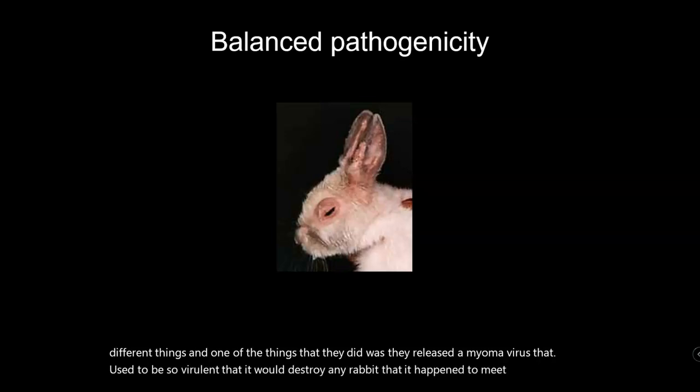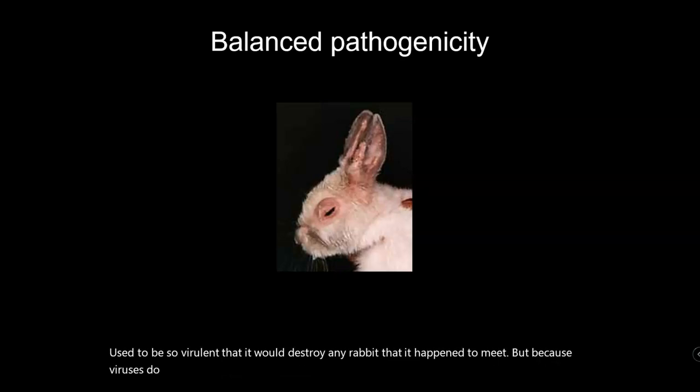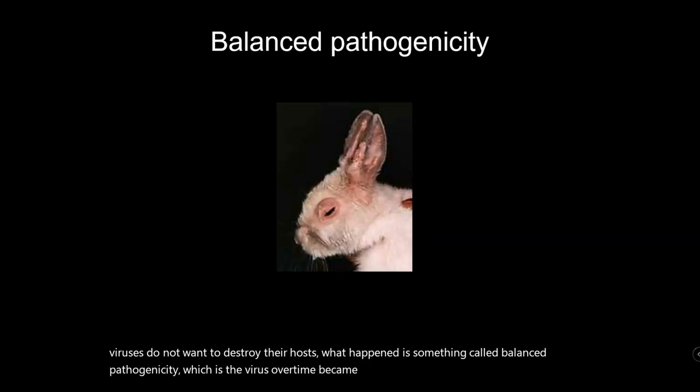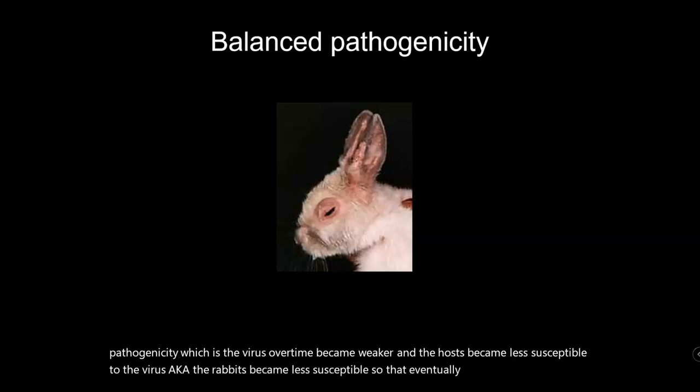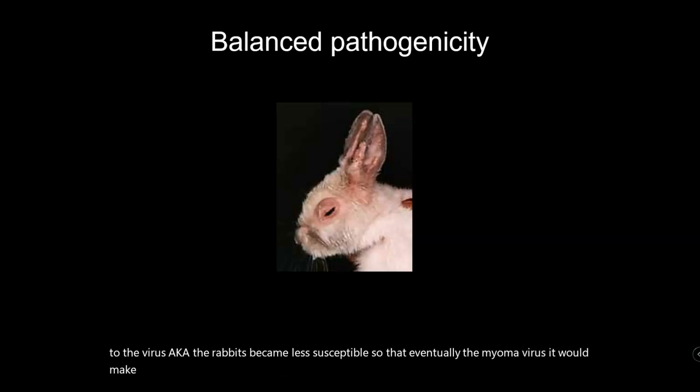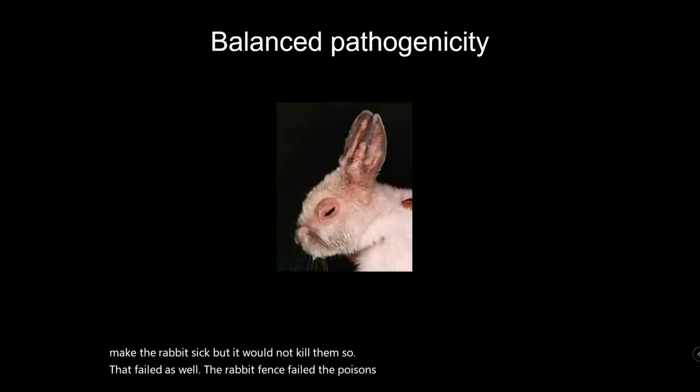But because viruses do not want to destroy their hosts, what happened is something called balanced pathogenicity, which is the virus over time became weaker and the hosts became less susceptible to the virus, aka the rabbits became less susceptible, so that eventually the myxoma virus would make the rabbits sick, but it would not kill them. So that failed as well. The rabbit fence failed, the poisons failed, and the virus failed because viruses don't want to kill you.